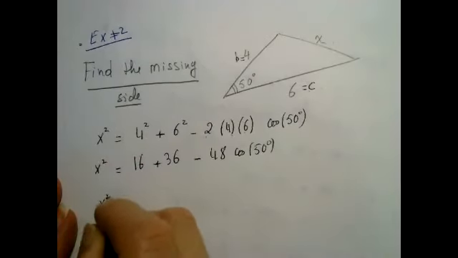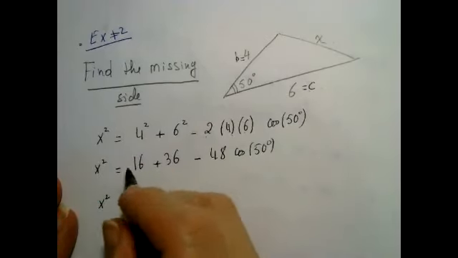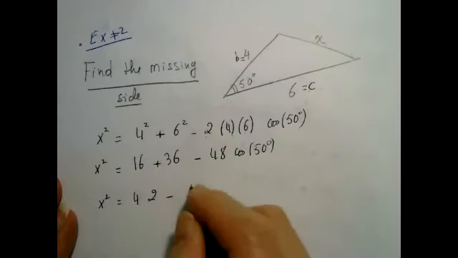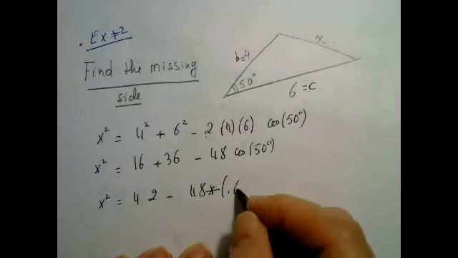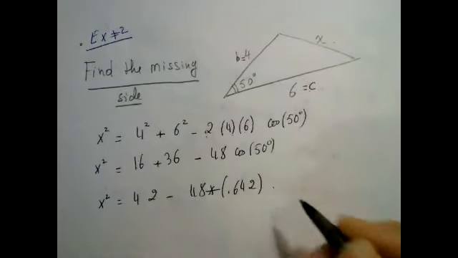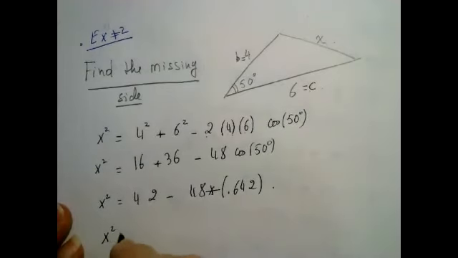So x squared equals 42 minus 48 times the cosine of 50, which I just have to pick up from a calculator. And that's my cosine of 50, which, unless I'm goofing, I'm getting that. And now we just enter x squared and we'll see if your classmate got it right. So it's 42 minus 48 times 0.642.